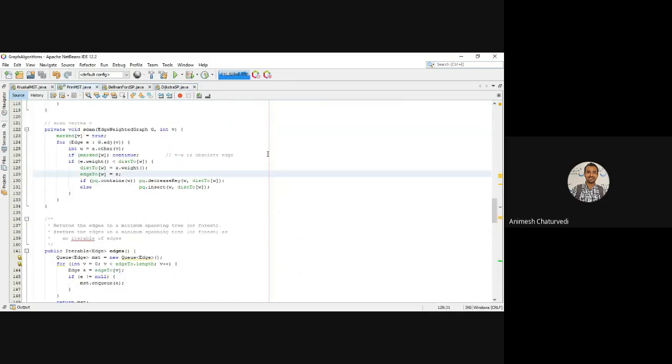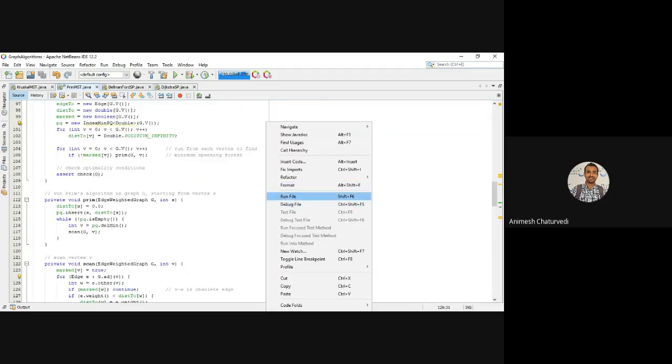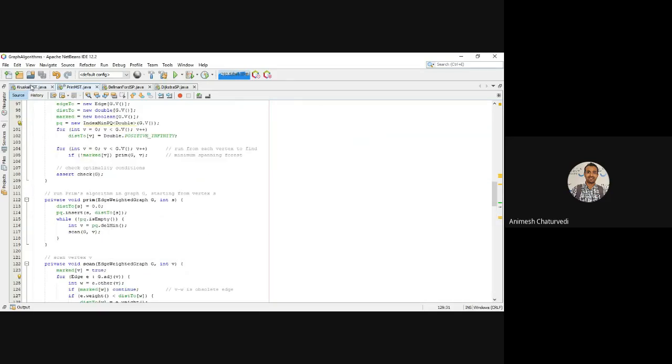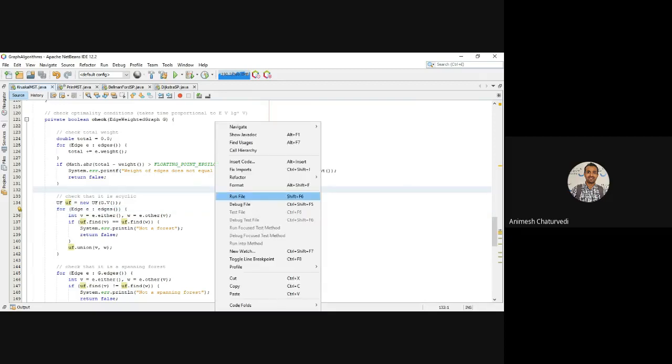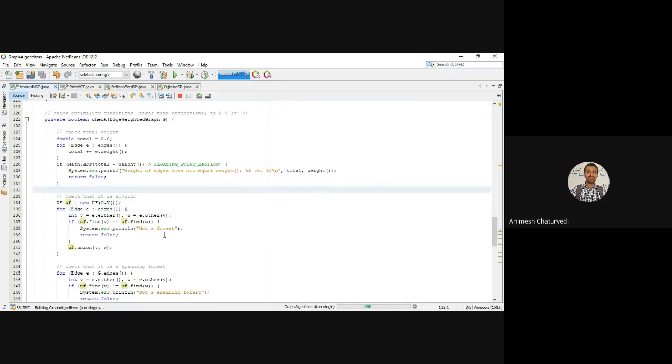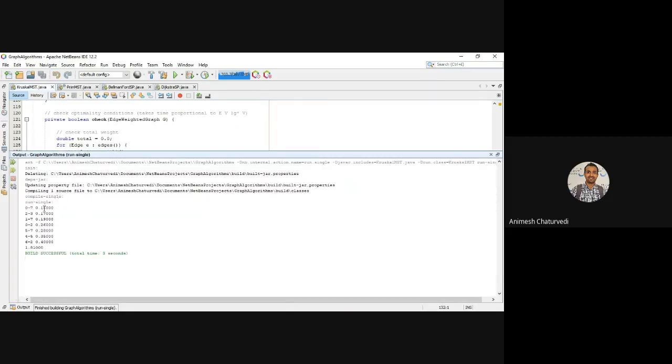Then Prim's algorithm. We are just revising this. Before that, we'll execute Kruskal. If we execute Kruskal, we'll have this union-find algorithm. So the minimum spanning tree was created: 0, 7 with this weight, 2, 3 with this weight, 1, 7 with this weight, 0, 2 with 0.26 weight, then 6, 2 edge with 0.40.